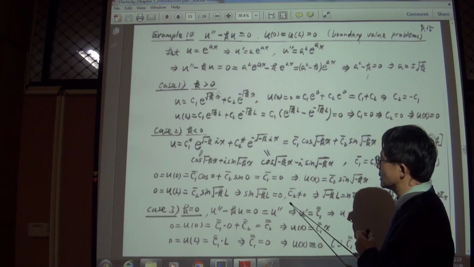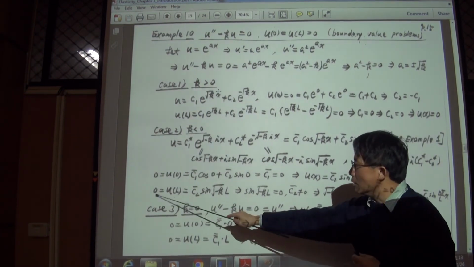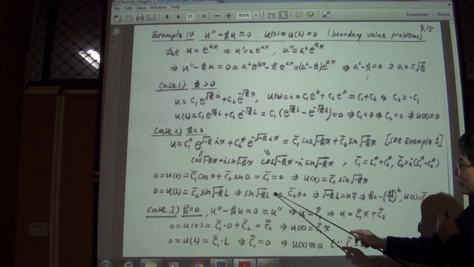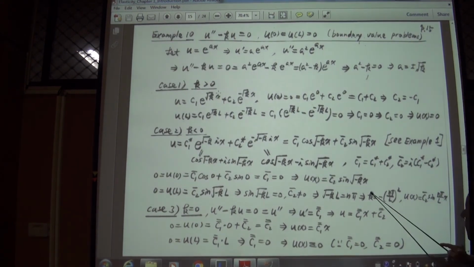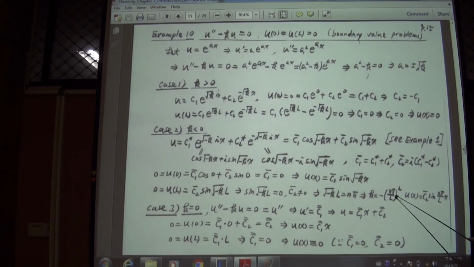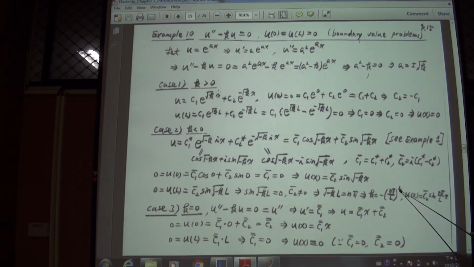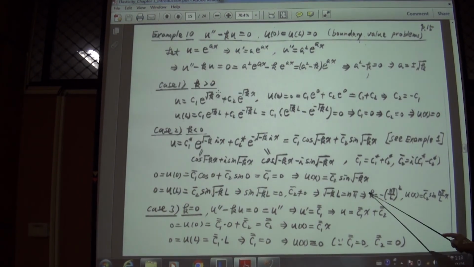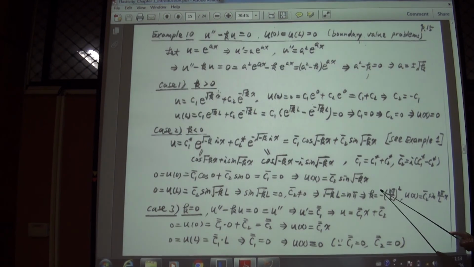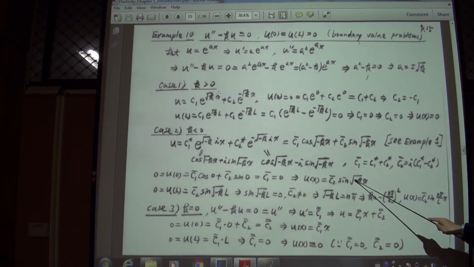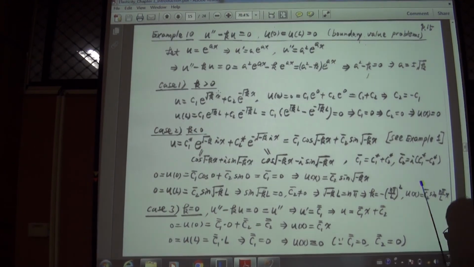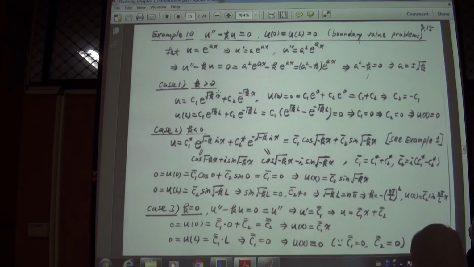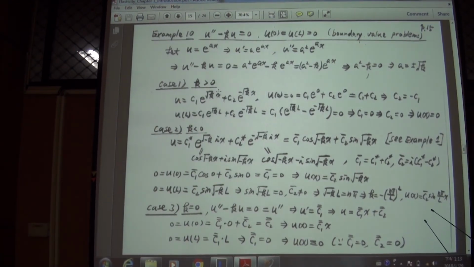Once we do this, we get this one equals 0. Okay? If this equals 0, this one equals n pi, and k equals minus n squared pi squared over L squared. And then we put k back to here, and then get u equal like this. Okay, this is a non-zero solution, and this is a useful solution.